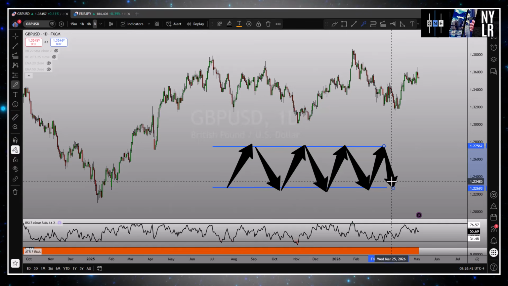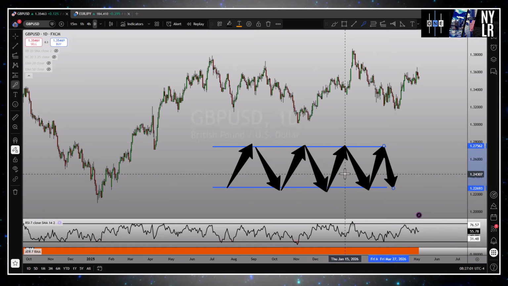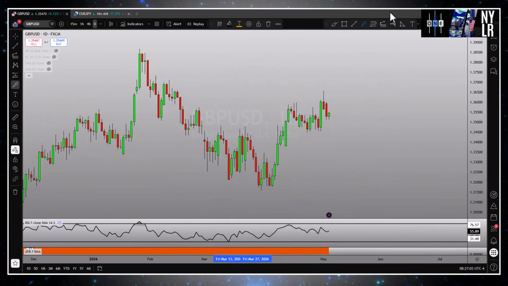But smaller picture, I know that structure acts like a magnet. So if I can identify a violation of structure A, I can project that price will probably go in the short term to structure B, and that can offer a trading opportunity. So that's how I like to look for opportunities within consolidation.